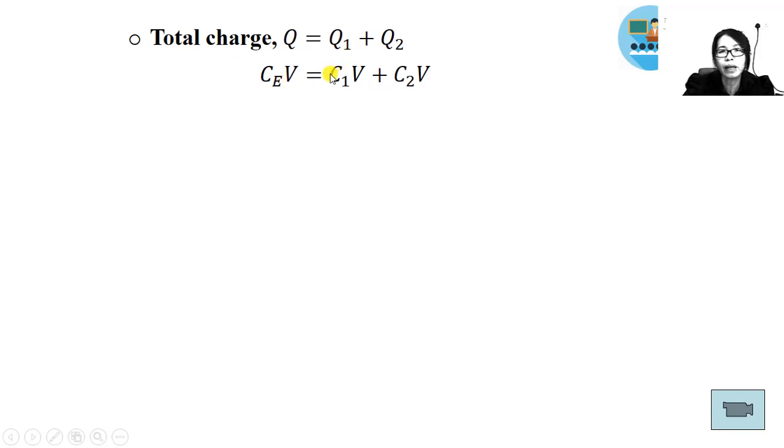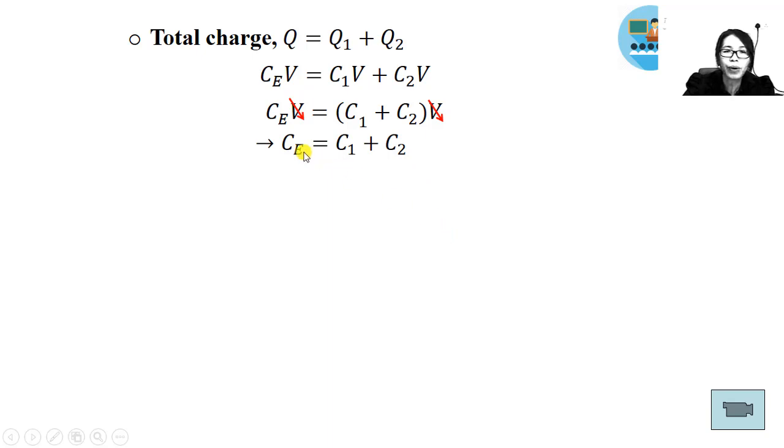The total Q is equivalent to the total capacitance multiplied by the total voltage we supply. Q1 is the capacitance of the first capacitor multiplied by the voltage. Q2 is the value of the second capacitor multiplied by V. Since the voltage for the capacitors is the same, we can cancel the common V. Then we get the equation to calculate the total capacitance for two capacitors connected in parallel.